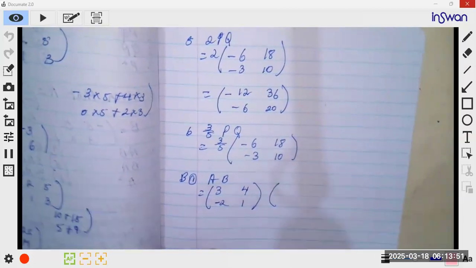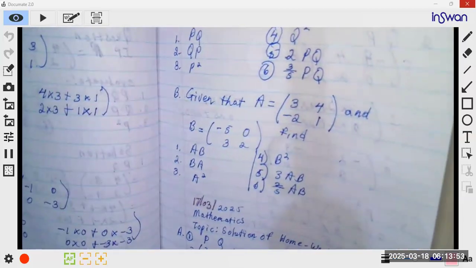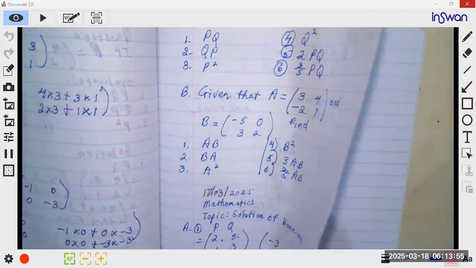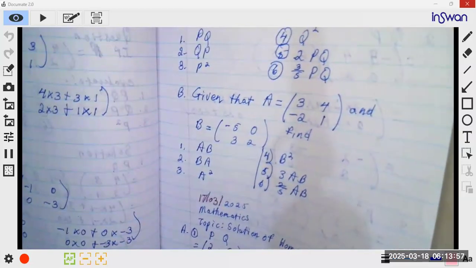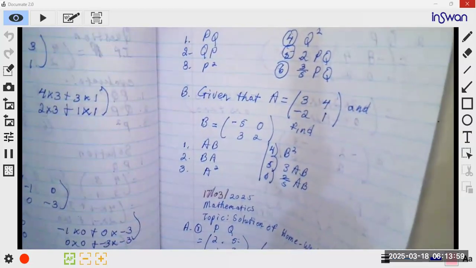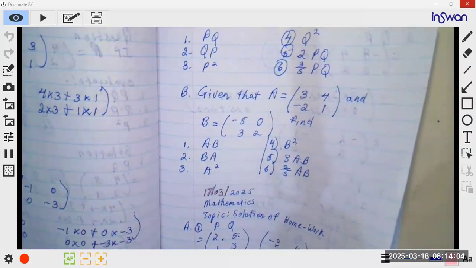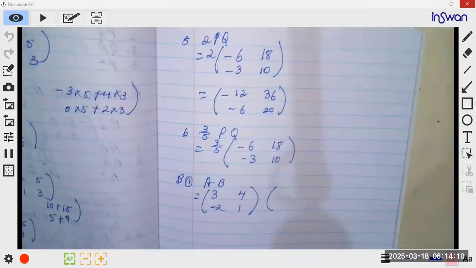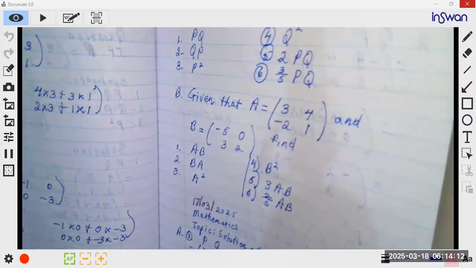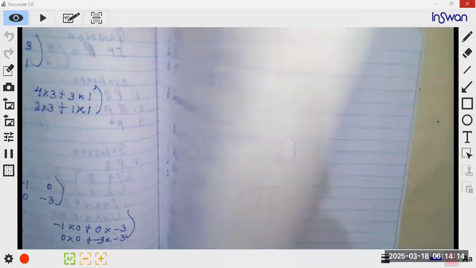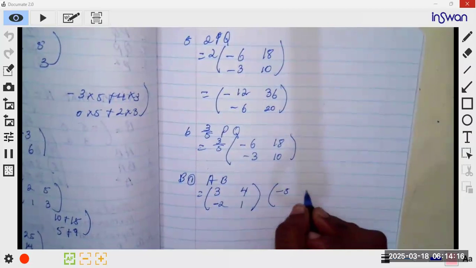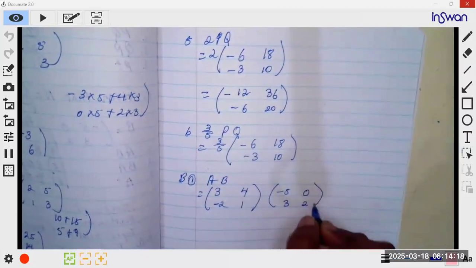What is B? So next one will be BA. AB, B is [-5, 0; 3, 2].